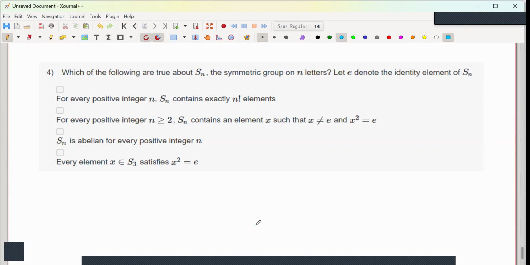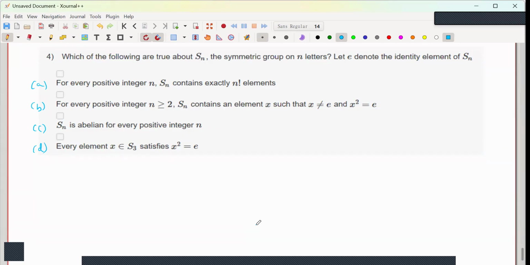Suppose there are n elements. We consider all possible mappings from the set to the same set, all bijections, right? For the first element, there are n possible mappings.